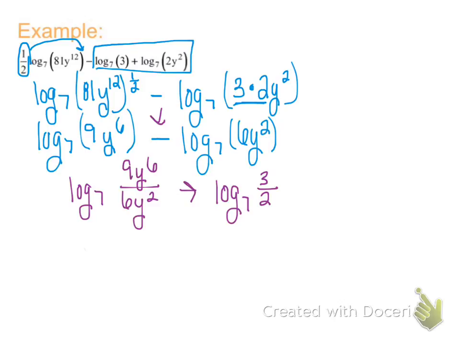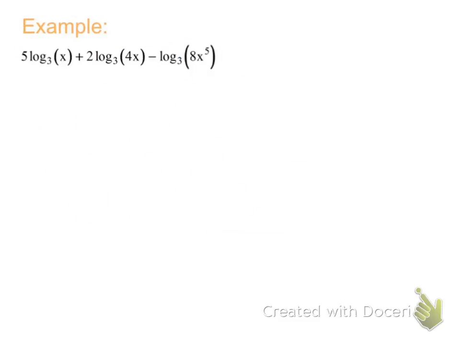Remember, your algebra properties on exponents say that you subtract those. So you have 3/2 times y to the 4th power. So this expression would be your final, condensed down to just one logarithm. And that's one of the more challenging examples that we have.